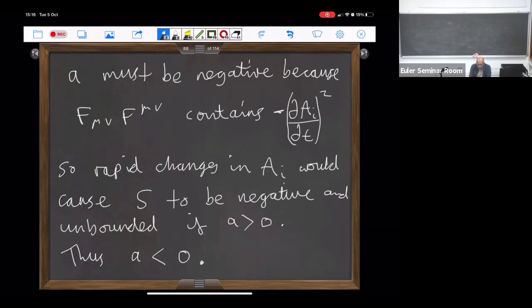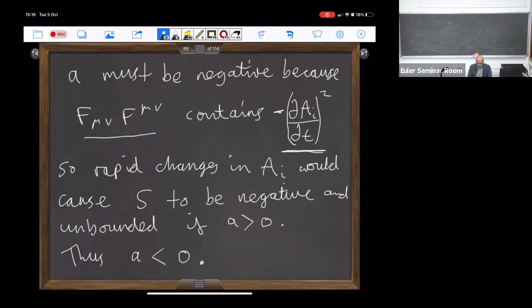If you expand out F_{μν} squared, you get a term which is minus the time derivative squared of the spatial components of A. So if a were positive, and you considered a situation in which the vector potential was rapidly varying in time, this term would cause S to be negative and unbounded if a were bigger than 0. So we actually need a to be negative.